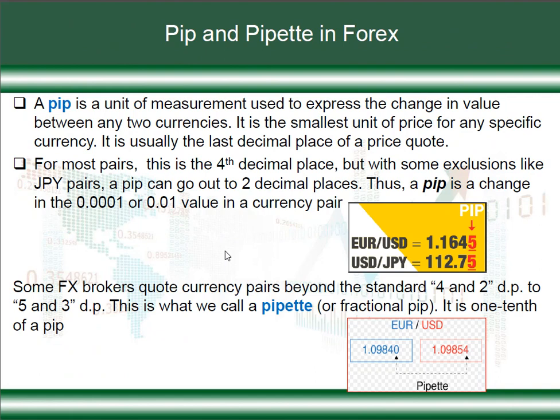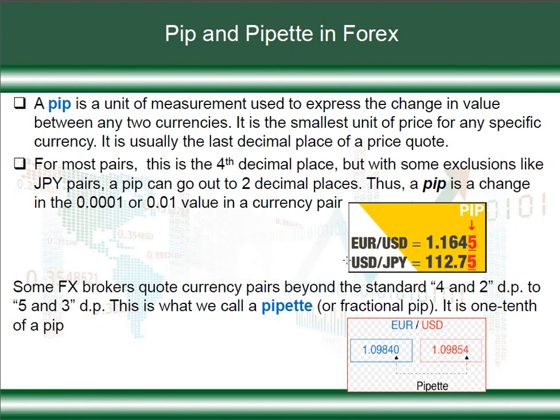Now we talk about a concept called pips and pipettes. Now, currency pairs are given exchange rates. On your charts, when you start analyzing charts, you'll see these pairs being mentioned or being quoted with a number of decimal points.